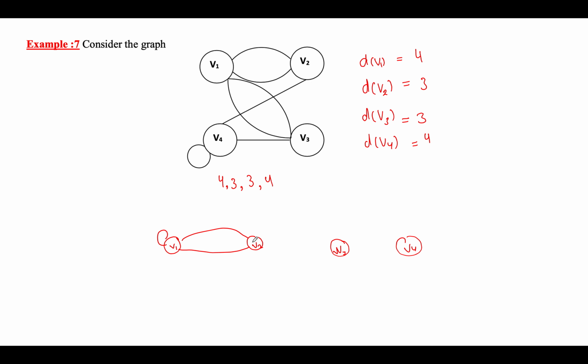Then V2 has 3, so 1, 2, and we need one more, so we will take it to V3. V3 has 3 degrees, so 1, 2, 3. And V4 should have 4, which is 1, 2, 3, and 4. So here we create a completely different graph from the same degree sequence.